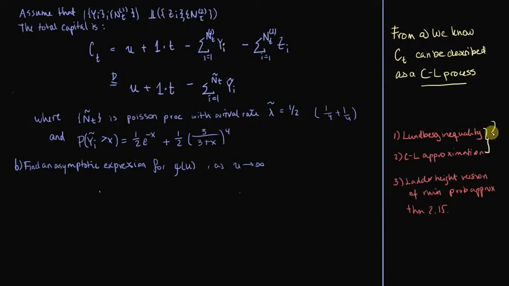The first two make sense to use if the adjustment coefficient is well defined. And typically, since the adjustment coefficient satisfies an equation where the moment generating function of the claim size occurs, we use the first two here for light-tailed claims.